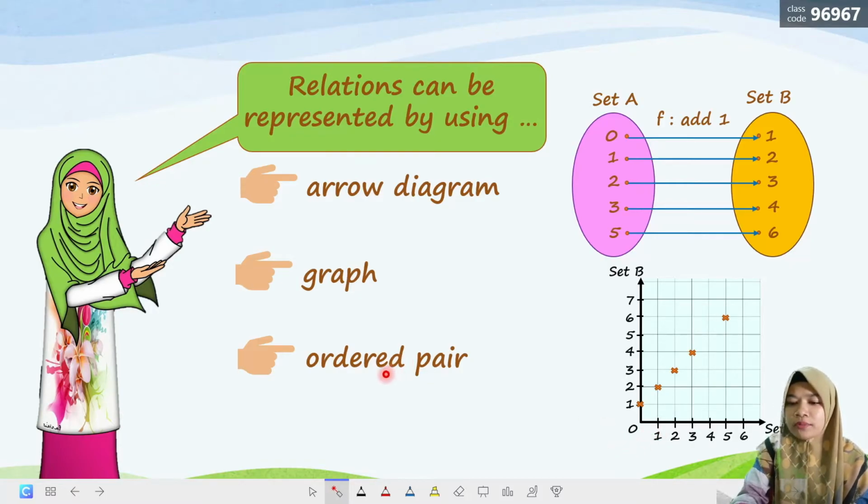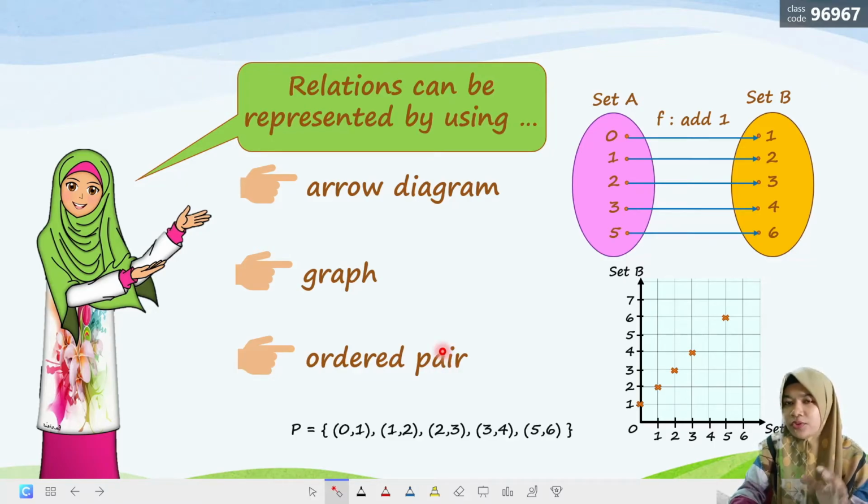What about ordered pair? Ordered pair is how you write in set notation, but you put a bracket for each pair. You can name the set with any alphabet, for example P. P equals the curly braces, the curly bracket. Then you open the bracket, 0, 1.